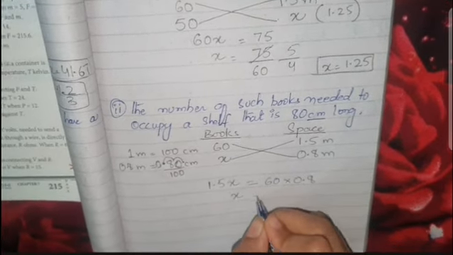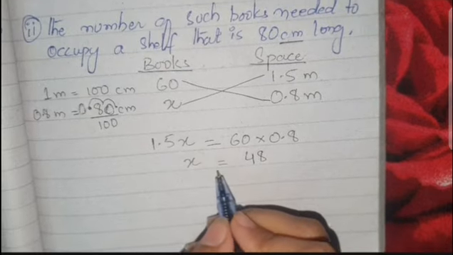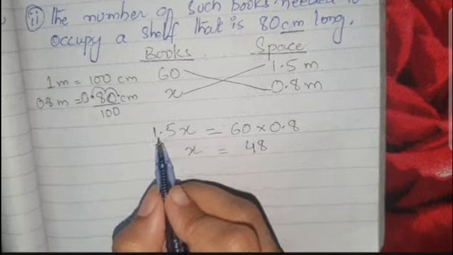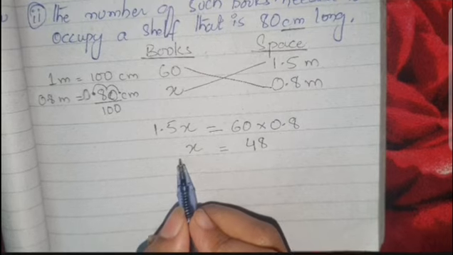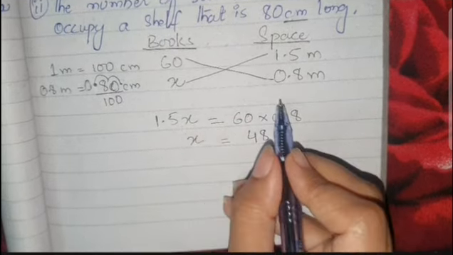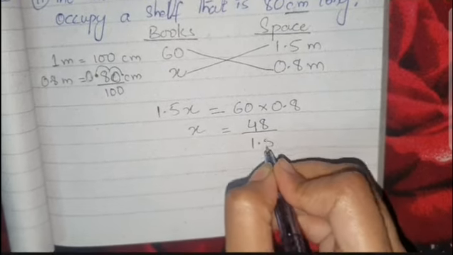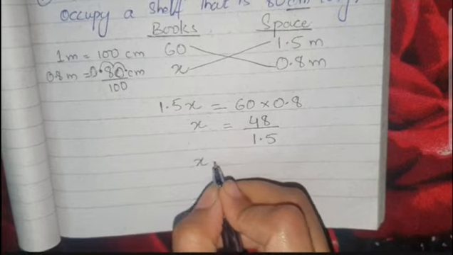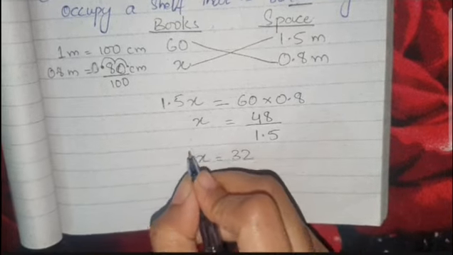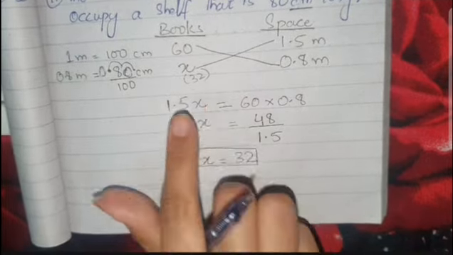So 1.5x is equal to 48. To find the value of x, 1.5 is multiplying over here, so on the other side it gets divided. So the final value of x would be 32. x is equal to 32.